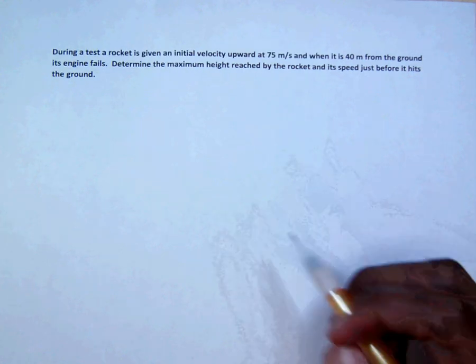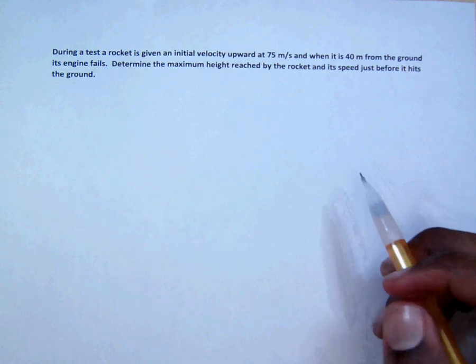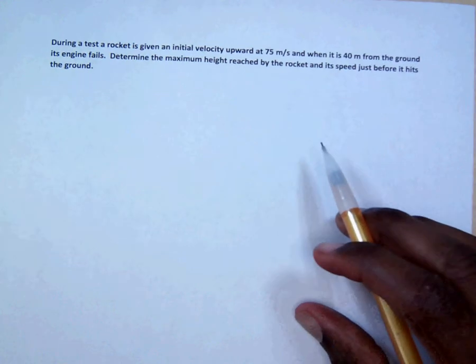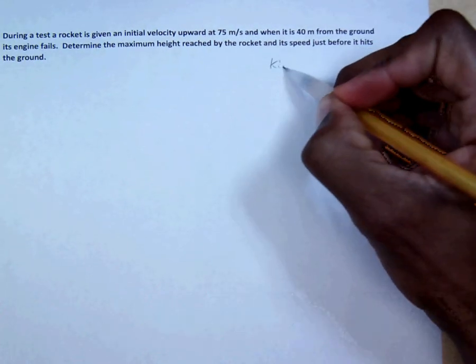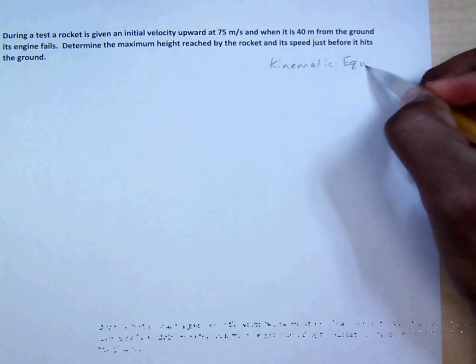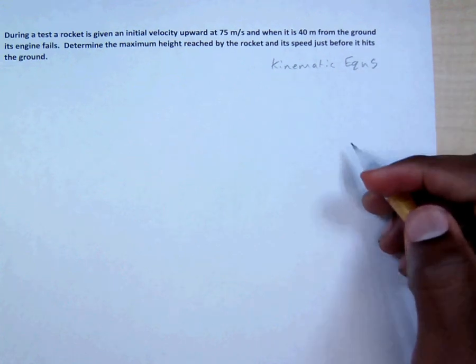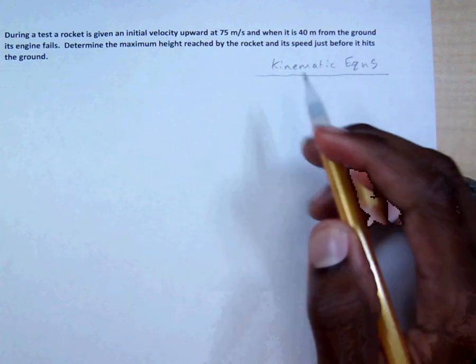When we take those assumptions, we can develop certain equations, and they call these the kinematic equations. I'm going to write these equations up here. These equations you'll see in lots of different forms, but they mean the same thing.